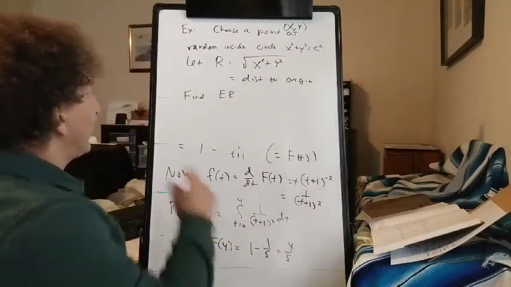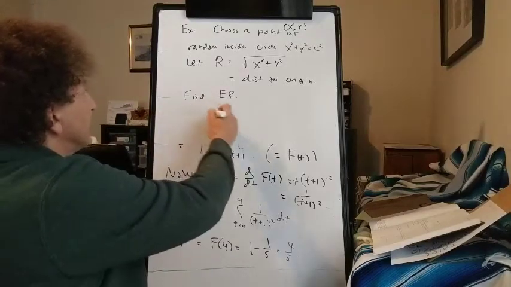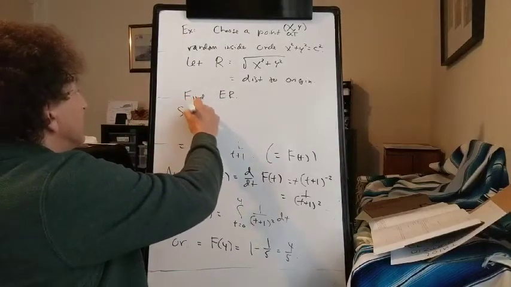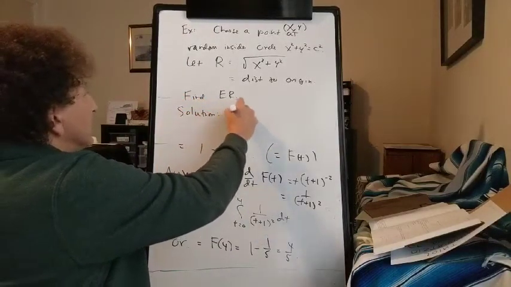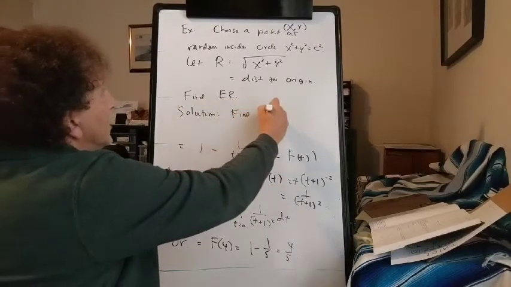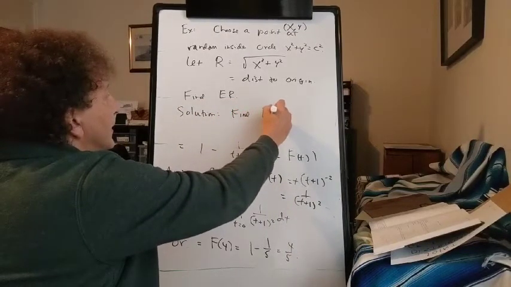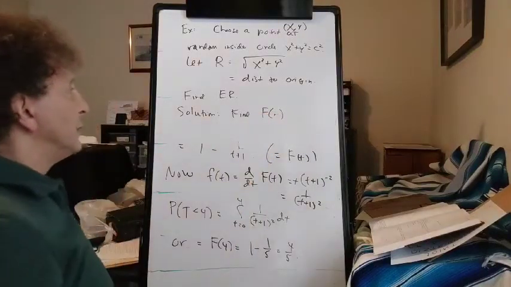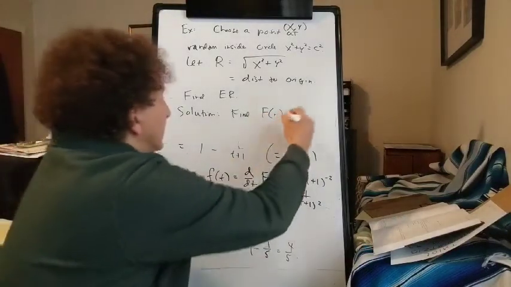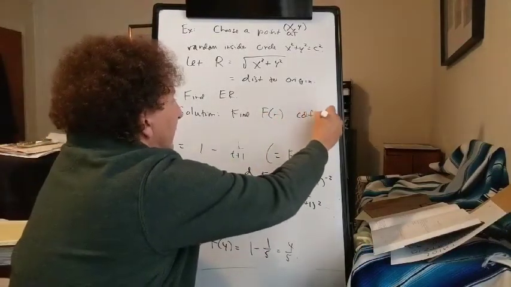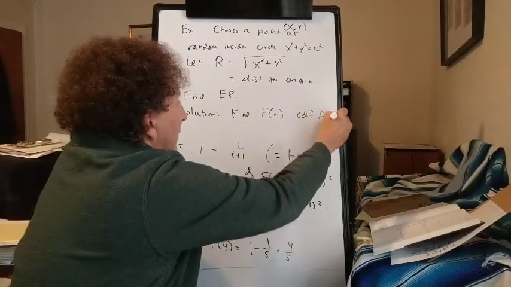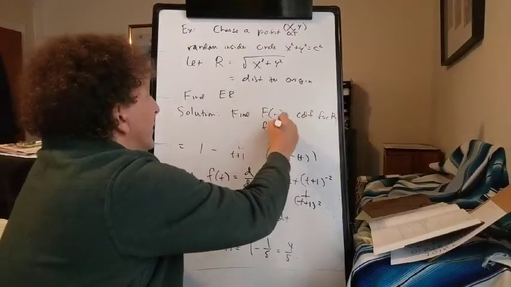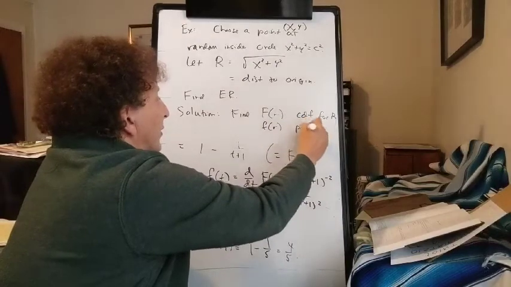So to do this, we'll find the cumulative distribution function for r. And then the probability density function for r.